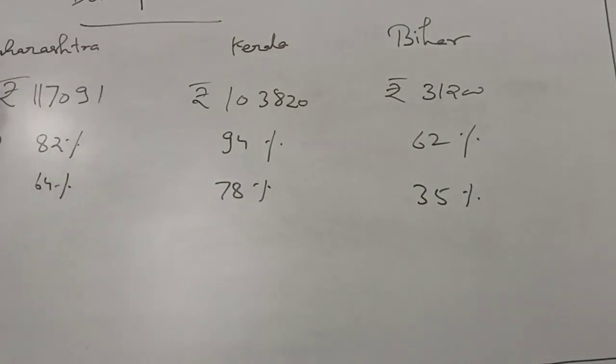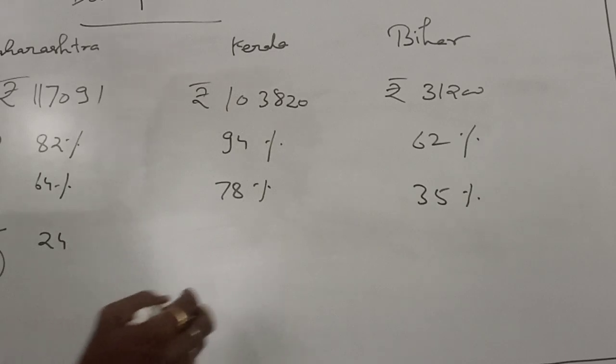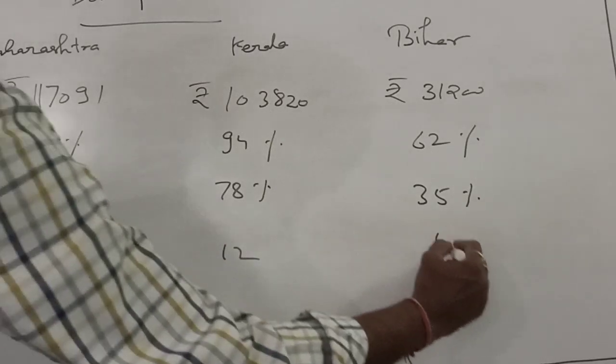Now, infant mortality rate, IMR, it is 24 in Maharashtra, 12 in Kerala, and 42 in Bihar.